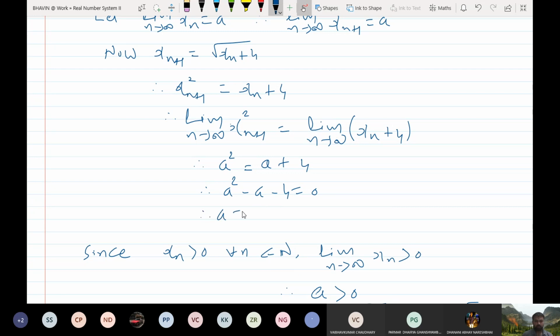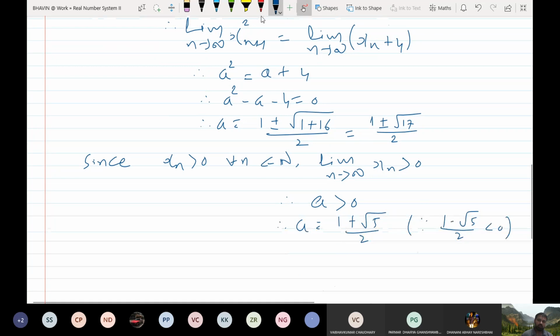So what is a? 1 plus or minus root of b square plus 16 upon 2a. So xn is positive, therefore a is positive. Clear? So in this way you can solve this example.